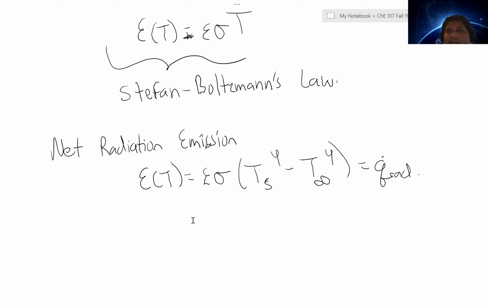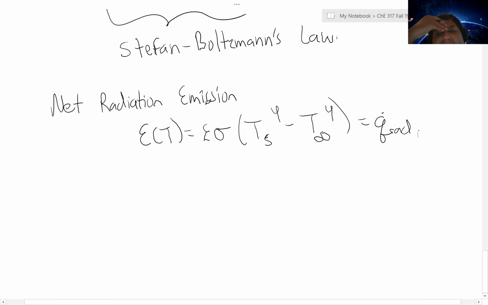So Stefan-Boltzmann's law is really good. We get an idea. Okay, now we can consider radiation flux that's being emitted by an object, so based solely on its temperature. Because the important thing when it comes to radiation and thermal radiation specifically, any object with an absolute temperature above 0 will emit radiation. Now, as Holly mentioned, whether it emits it well or not is related to that object's emissivity.